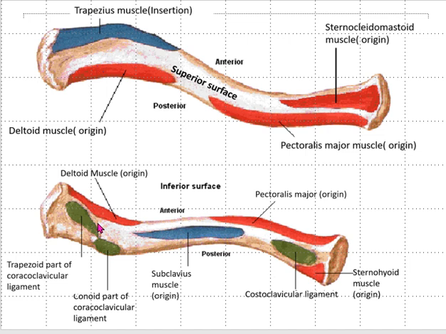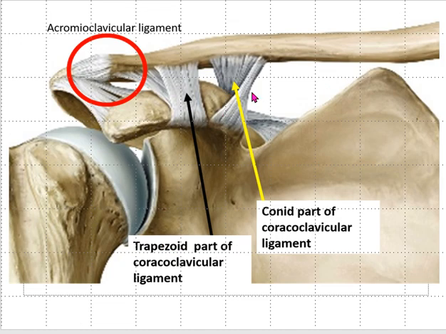The inferior surface has the conoid tubercle near the posterior border, and a thick ridge, the trapezoid ridge, extending forward and laterally from the conoid tubercle. They provide attachment of the conoid and trapezoid parts of the coracoclavicular ligament. So this is the conoid part of the coracoclavicular ligament, this is the trapezoid part, and this is the acromioclavicular ligament.